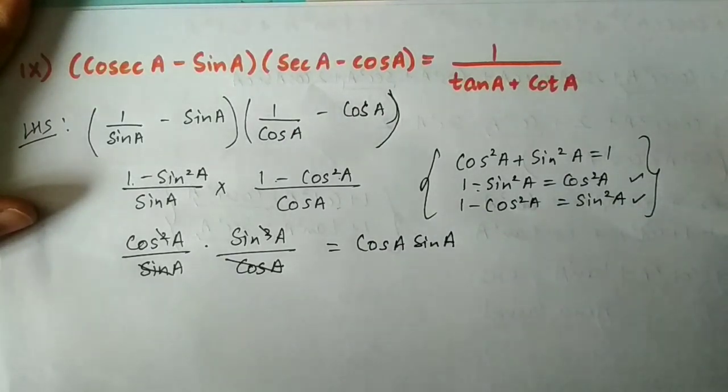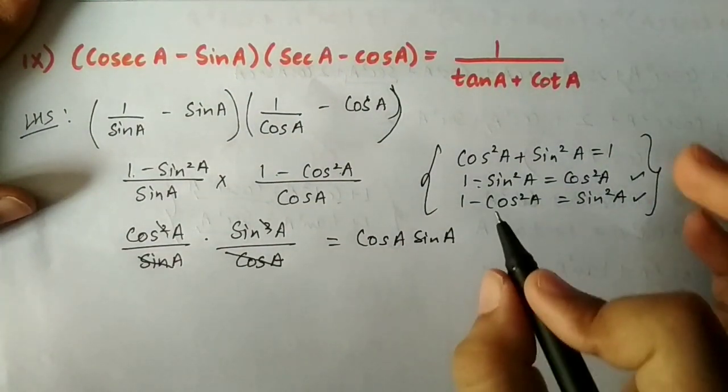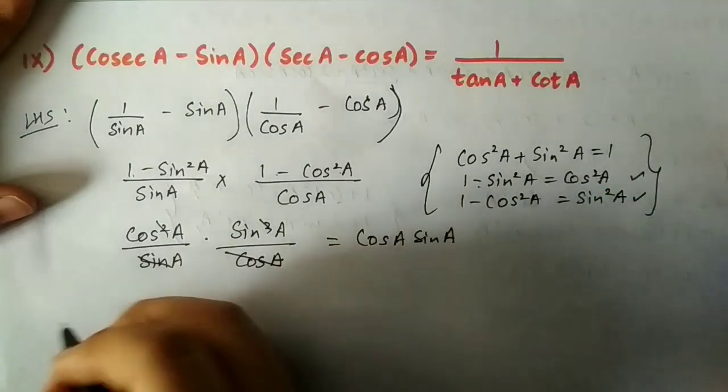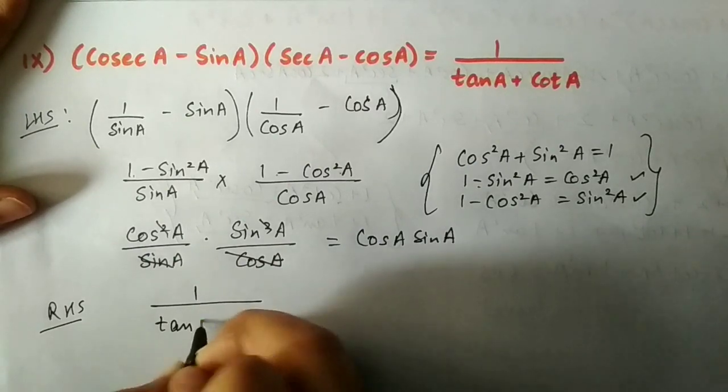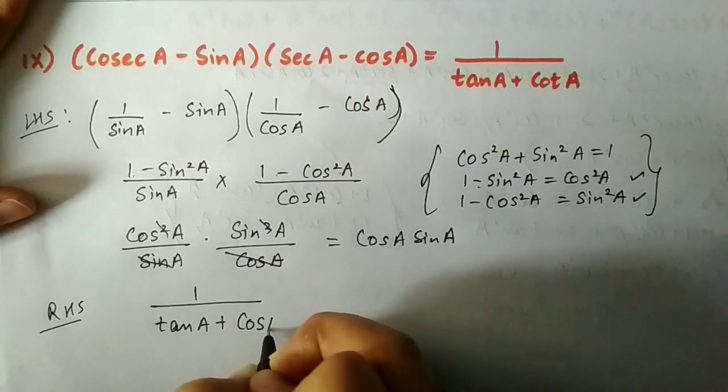Now you can't solve it further, so keep it as it is, and use the right hand side. So the right hand side is 1 upon tan A plus cot A. You can simplify it.